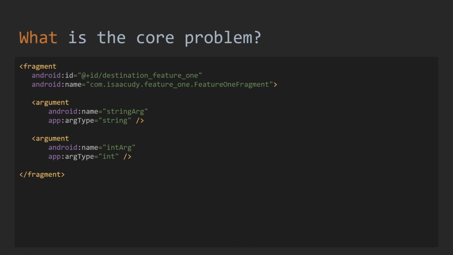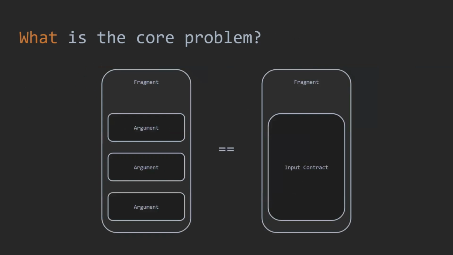So another way of looking at this is a little bit like this. The fragment defines its set of arguments, and the set of arguments form an input contract for that screen. Those safe args generated navigation destinations are just representations of the input contract for a particular destination.